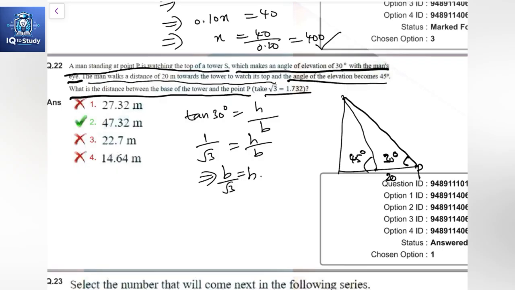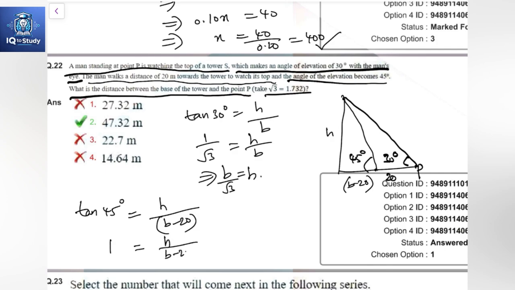And tan 45 degrees is equal to h by (b minus 20). Tan 45 value is 1, that is equal to h by (b minus 20). That implies h is equal to b minus 20.